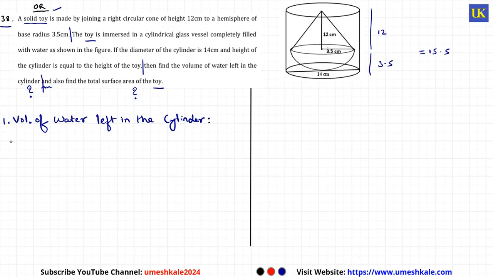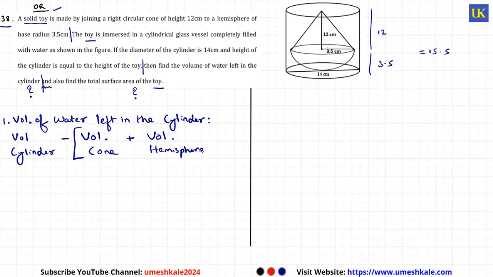To do that, what we have to do is take the volume of cylinder, and from that, it is very simple, we need to subtract the volume of cone plus the volume of hemisphere. If we subtract the volume of cone and volume of hemisphere, that will be the water left here, right? And whatever water is left, that is what they want.